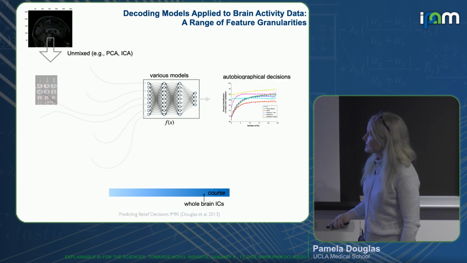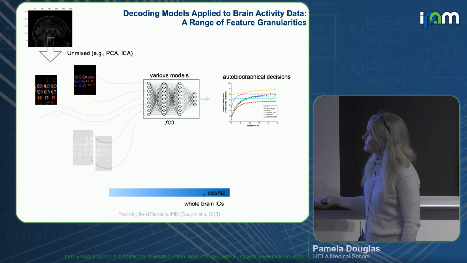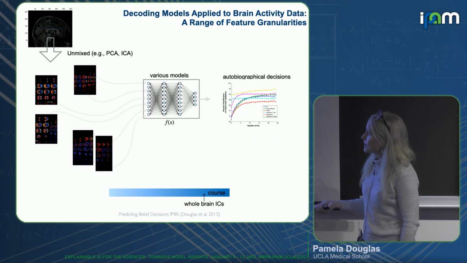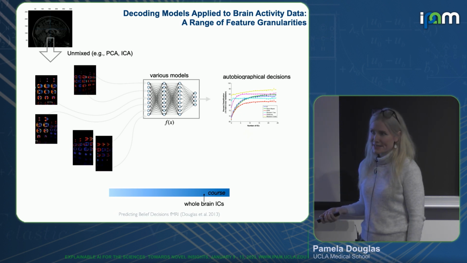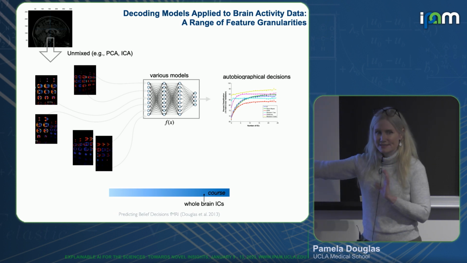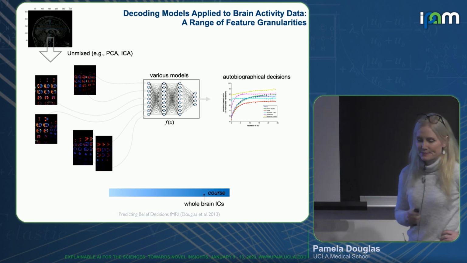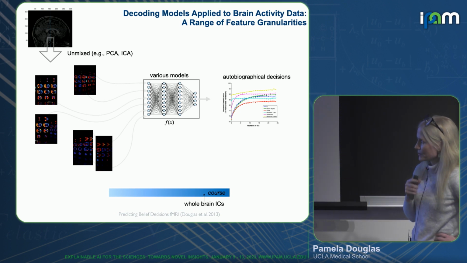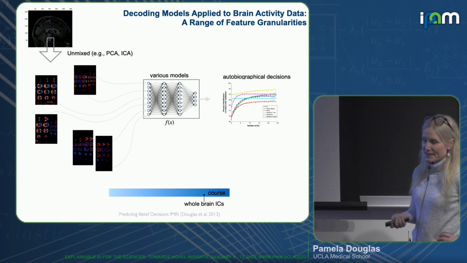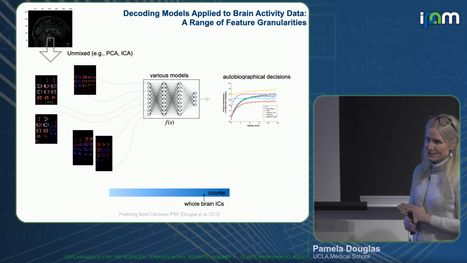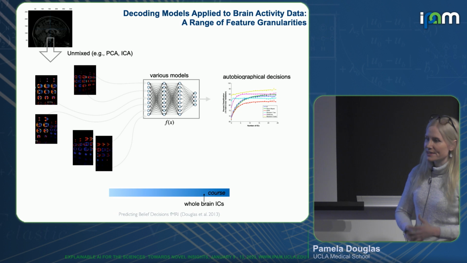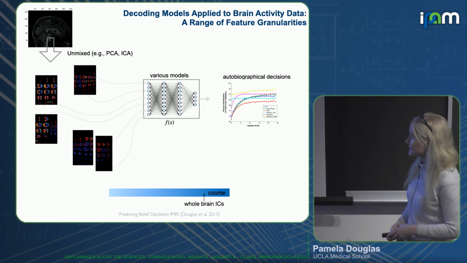And then, of course, there's lots of different ways to unmix the fMRI data. So these applications kind of go back a little ways, but I think that they're very similar in spirit to some of what was discussed this week in terms of using methods to orthogonalize your data in combination with the explainable AI techniques.